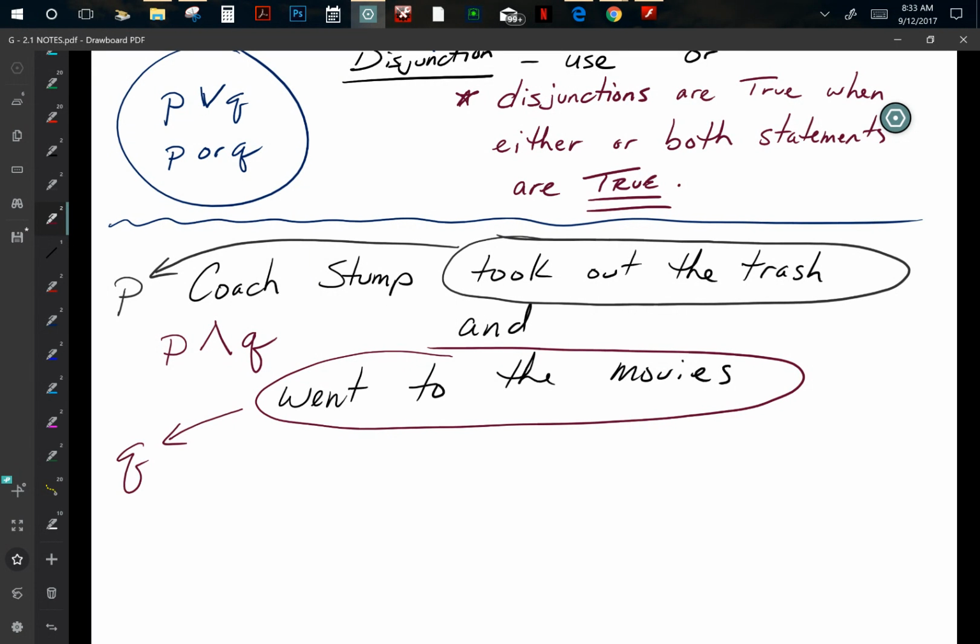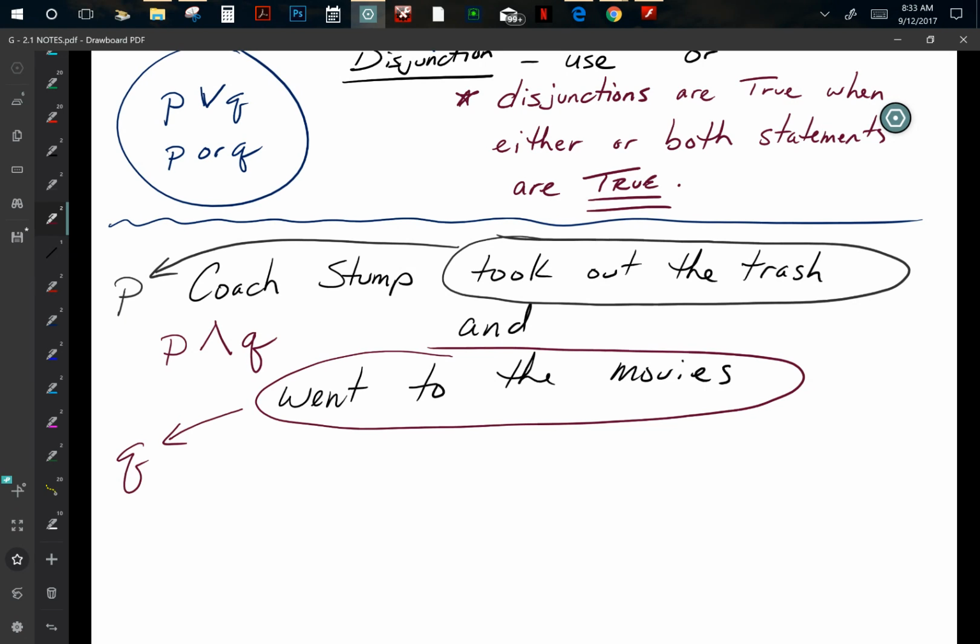To determine whether this is a true compound statement or not, what do I have to have done? If this is true, what did I do that day? Took out the trash and went to the movies. I had to do both of them, right?